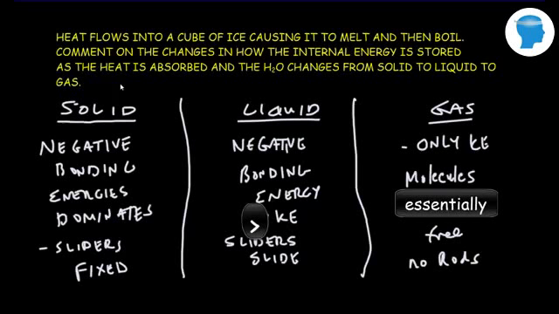You're still going to have an overall negative energy because the bonding energy is bigger than the kinetic energy. And then eventually when you get to a gas, the kinetic energy breaks everything loose, and the molecules end up being free. By and large, the only type of energy that the molecules have will be kinetic energy, and there'll be, at least in an ideal gas, no interaction between the molecules at all.